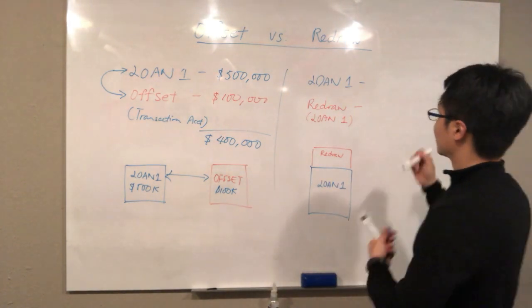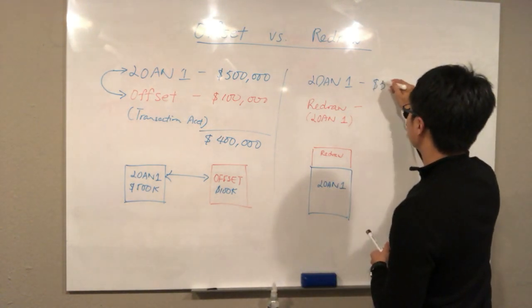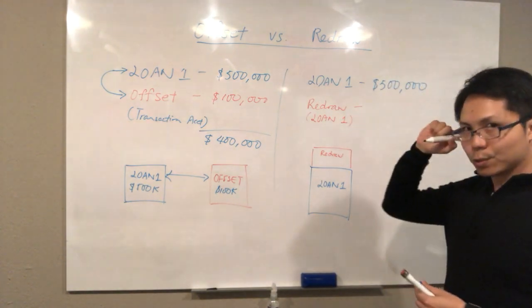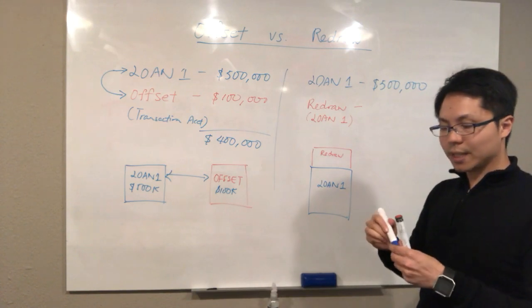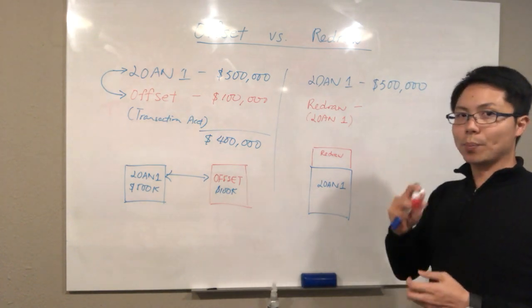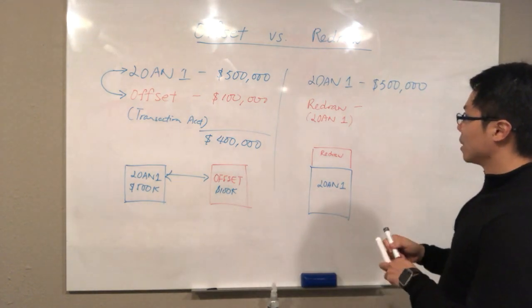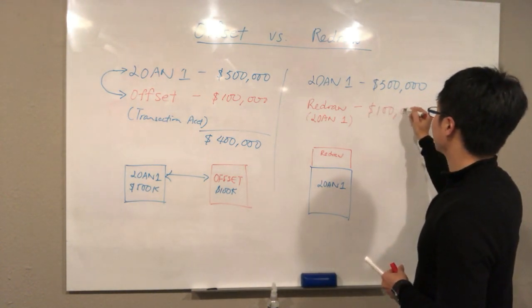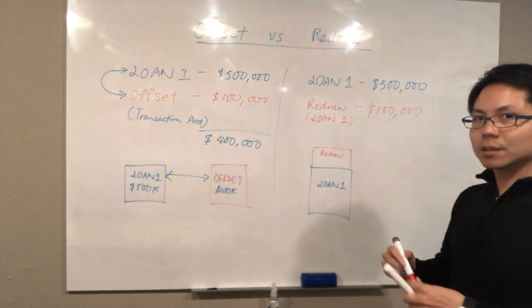So in that case, let's use the same example: $500,000 here on loan one. Now, the redraw component, assuming that you've made additional repayments over a period of time, I'm just going to use the same example here. Over the time, you actually have $100,000, okay?